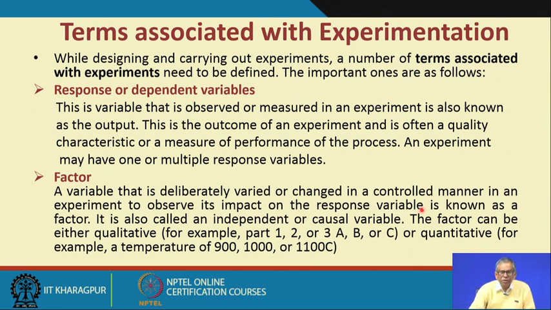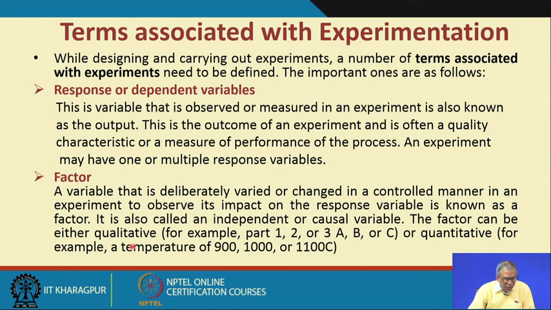Sometimes they are referred to as the input variables, and also called independent or causal variables. We are assuming that because of the existence of these variables you get the response, and the response is essentially determined by the kinds of input variables you have in a particular design.